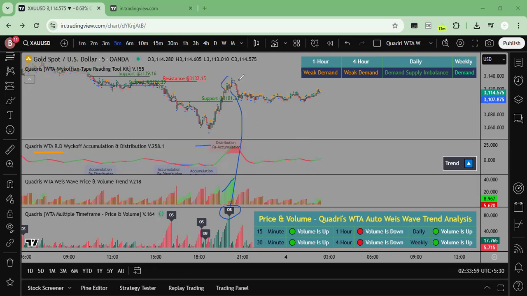So this gives me an understanding that from this particular point, there is a high probability that price might go downwards, or it may go sideways. So if I bought it over here somewhere due to this particular indicator or due to accumulation, I would be exiting at this particular point.